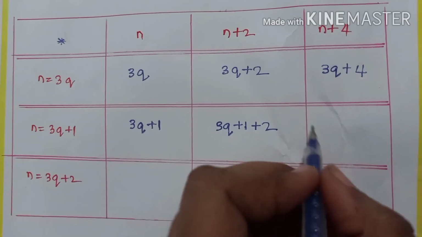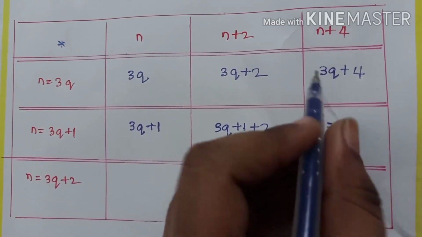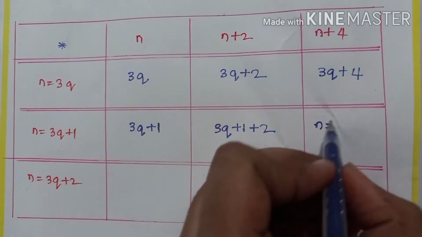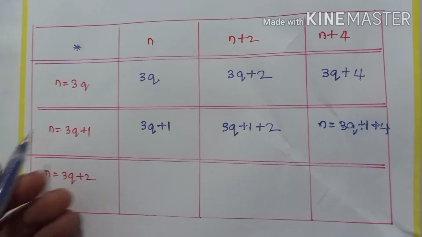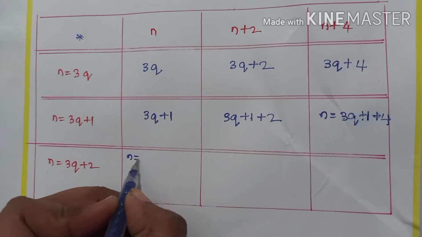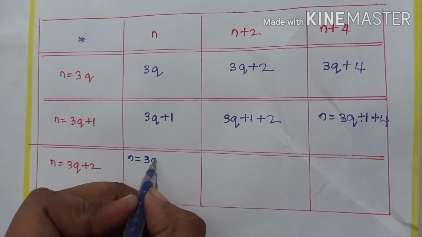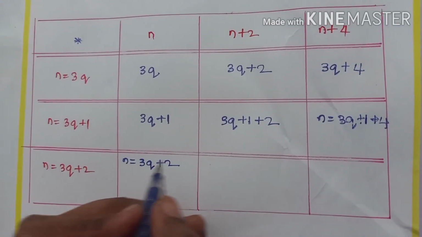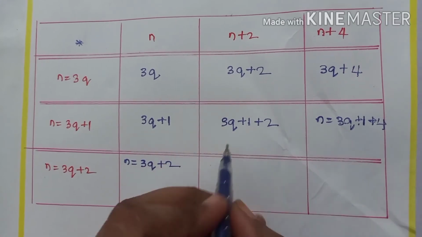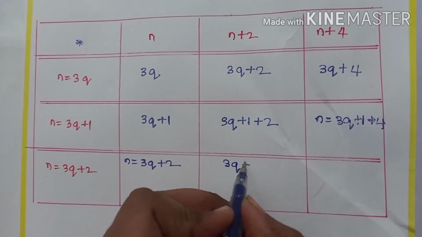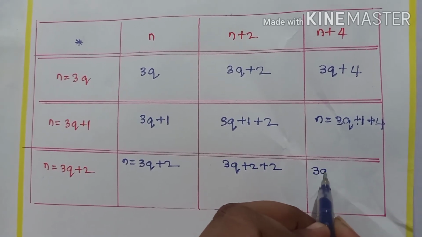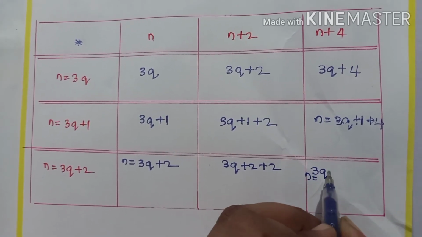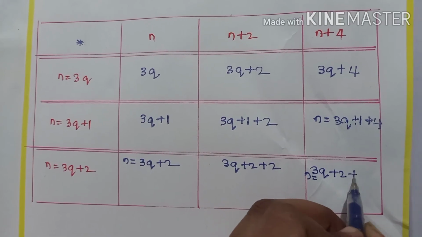And n plus 4 is 3q plus 1 plus 4. In the next case n is equal to 3q plus 2, so n is 3q plus 2. And n plus 2 is 3q plus 2 plus 2. And in the third case n plus 4 is 3q plus 2 plus 4.